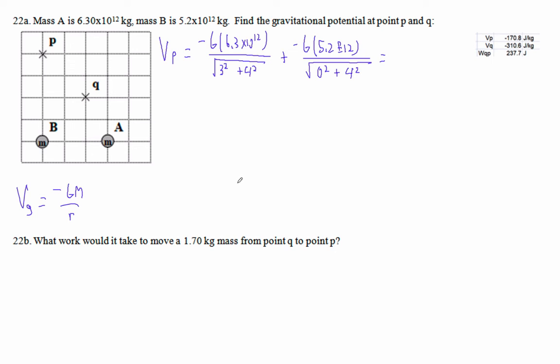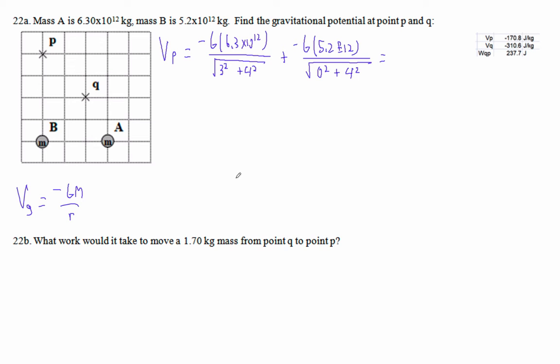And then we're going to go plus another fraction, the opposite of G times 5.2, and that's over the square root of literally 0 squared plus 4 squared.